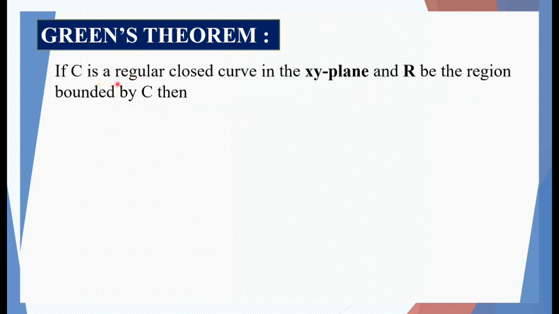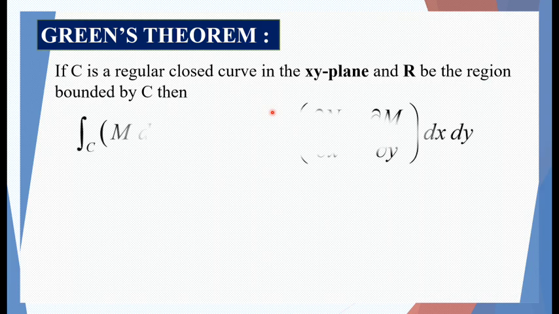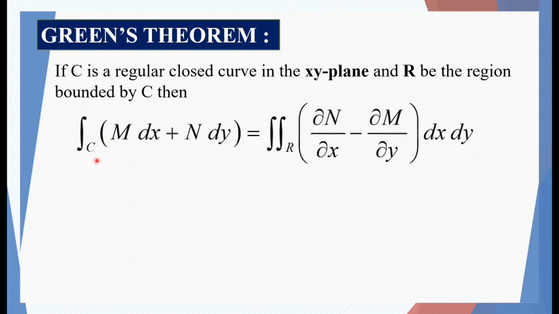If capital C is a regular closed curve in the xy plane and capital R is the region bounded by the curve C, then the integral over C of M dx plus N dy equals the double integral over R of (del N over del x minus del M over del y) dx dy.